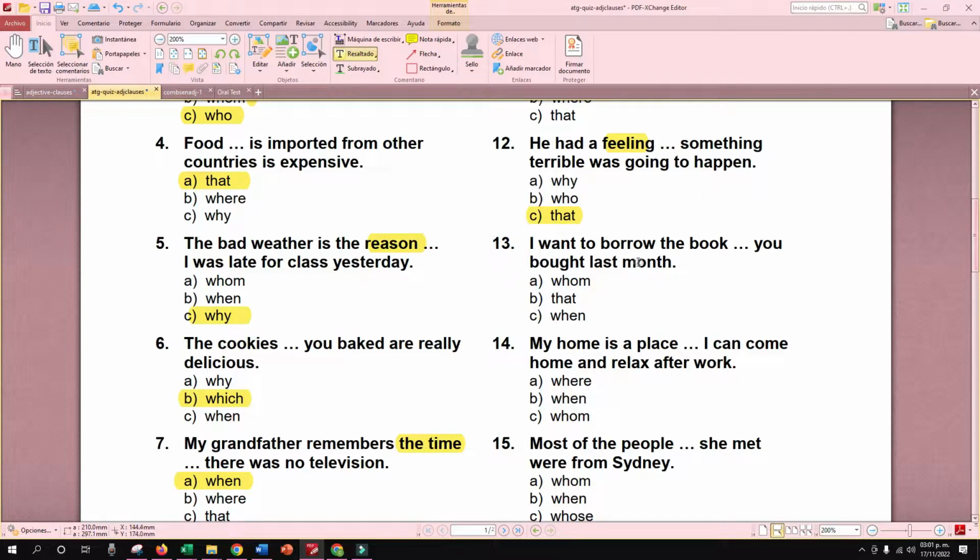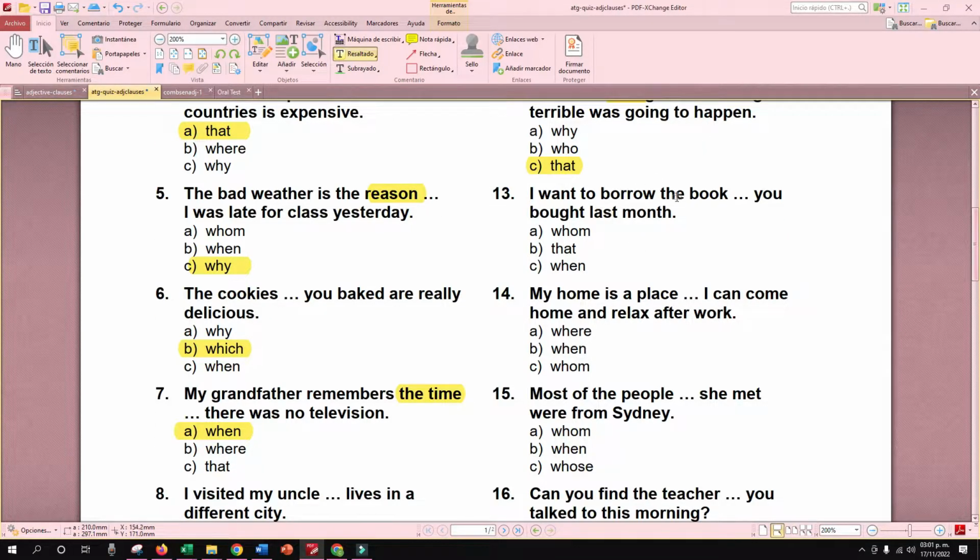Excellent. 13. I want to borrow the book blank you bought last month. Whom, that, or when? You're talking about the book. That. Excellent. That is like a thing. Excellent, Miss Tanya. Thank you also.